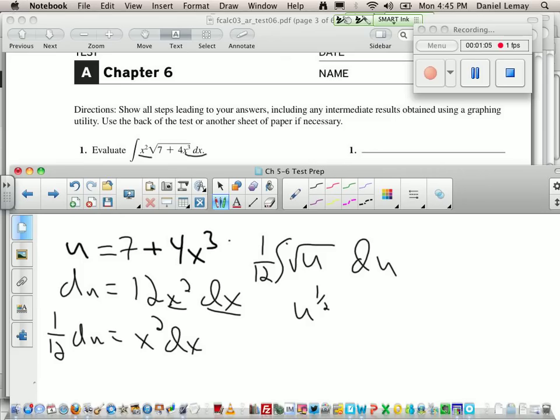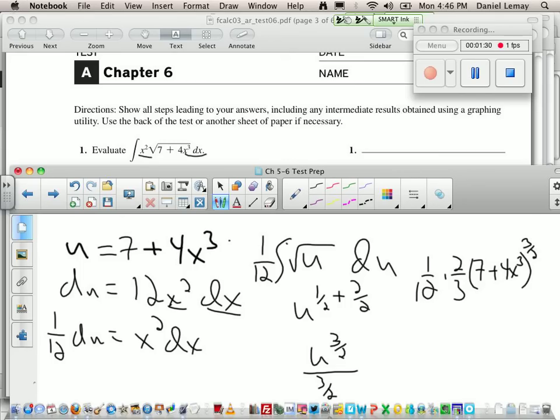Now to find the antiderivative of this, I'm going to treat the square root of u as u to the 1/2. Add 1 to it, so that gives me u to the 3/2. I'm going to divide by 3/2, which is the same thing as multiplying by 2/3. So I've got the 1/12, the 2/3, and u, which is 7 plus 4x cubed, all raised to the 3/2 power, and then plus c, of course.